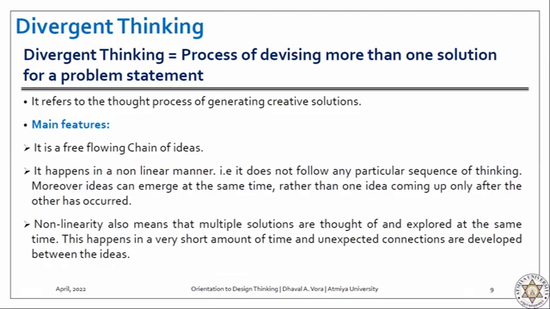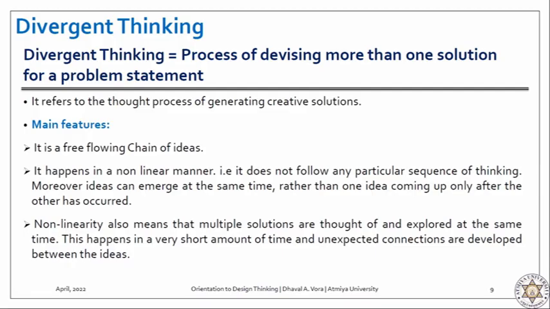Unexpected connections means that sometimes you start thinking in some direction, and since it is a free flow of ideas, the solution might be very different from what you initially thought about. That is the best part of divergent thinking.